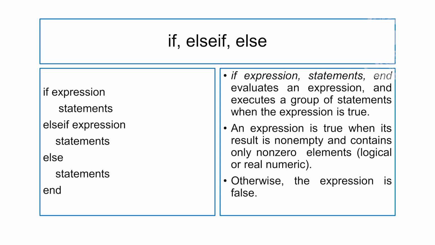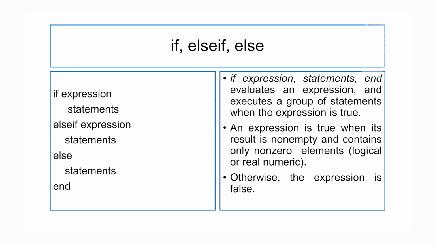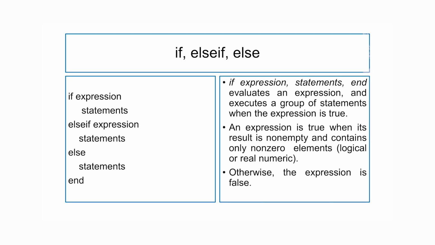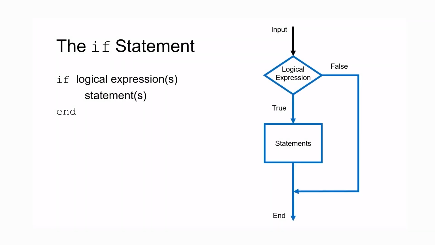Let's look at the structure of the if statement in a flowchart. The if statement and the flowchart on the right are super useful for documenting the paths that a program can take. We start the program with some sort of input and evaluate this input using a logical expression.